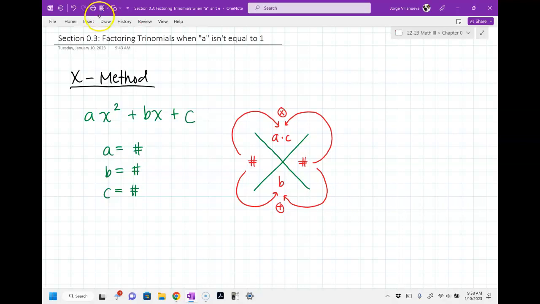So for today's lesson, you're going to divide by a. That's going to be your last step before you do your answer, and you're going to want to simplify to clean it up. Then we'll figure out how to write our answers after that. This is the X method with division.